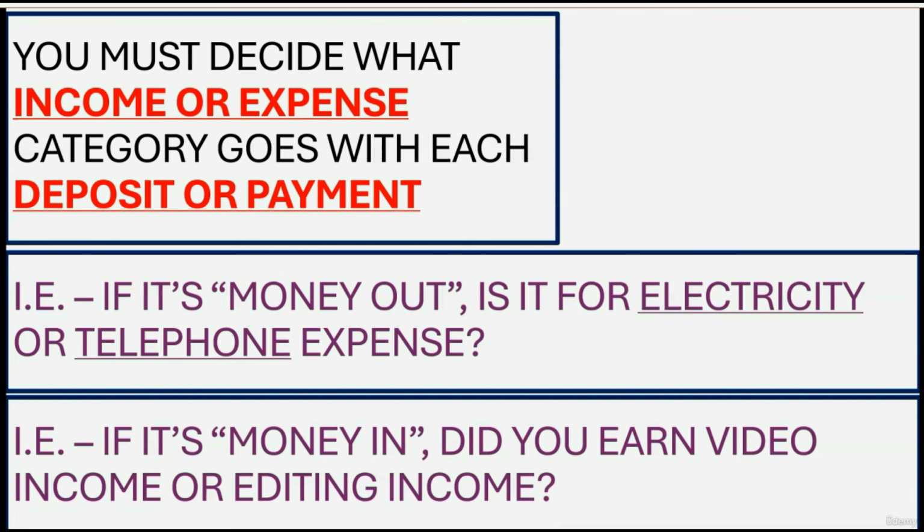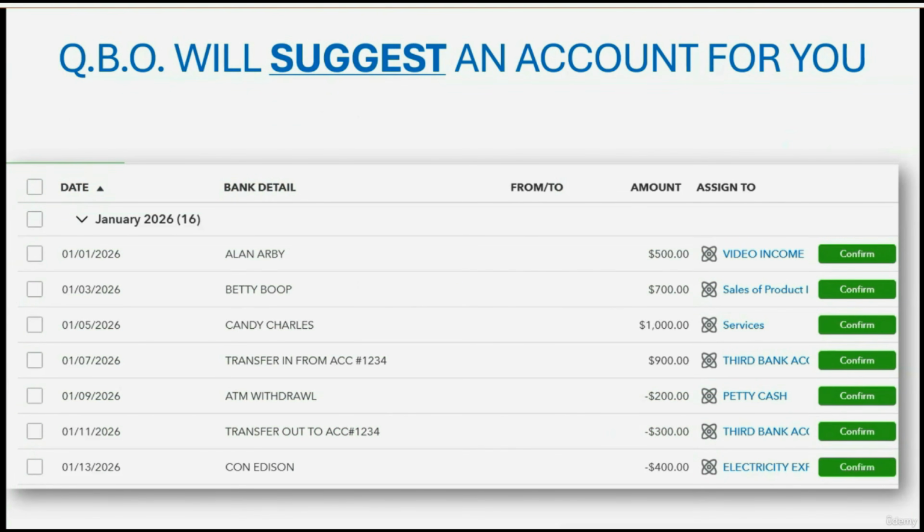Now you may notice that on the right side there are words written in blue. These words written in blue are simply suggestions by the artificial intelligence that QuickBooks Online uses in order to help you categorize the transactions.